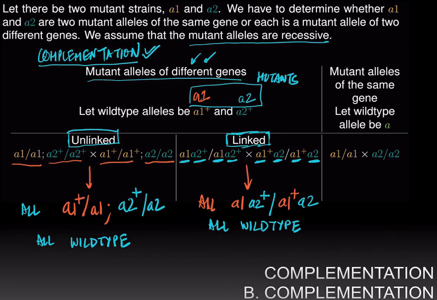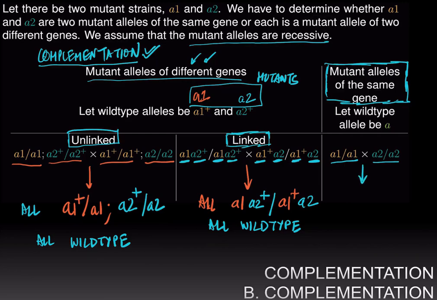Now let's discuss the last possibility, which is, what if the two strains that we have isolated are actually mutant for a single gene, but we just have two different mutant alleles of the same gene. In this case, when we take a pure breeding line mutant for A1, it will have two alleles of A1, and the other line will have two alleles of A2.